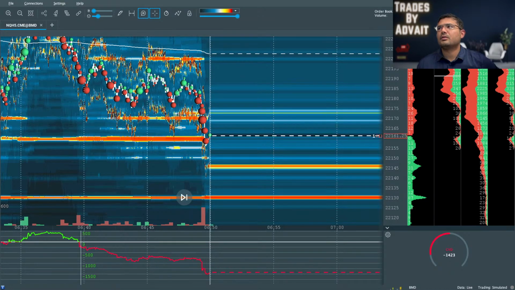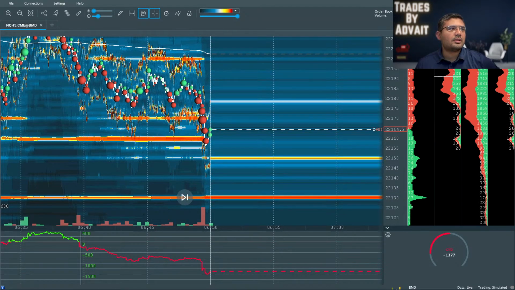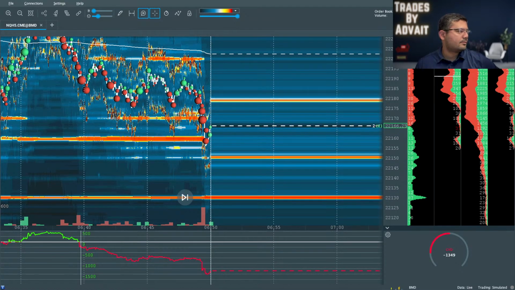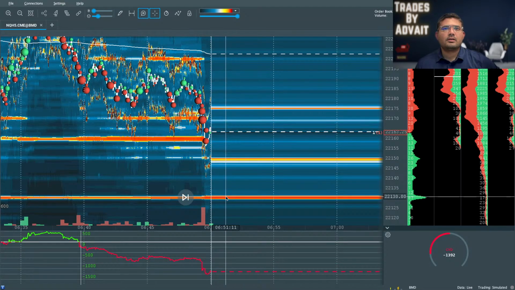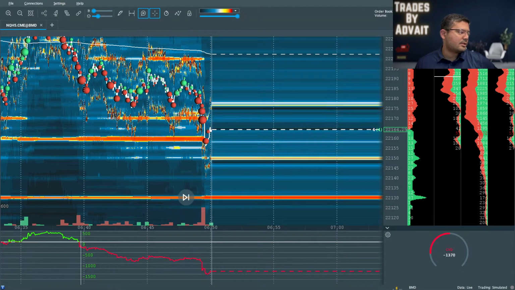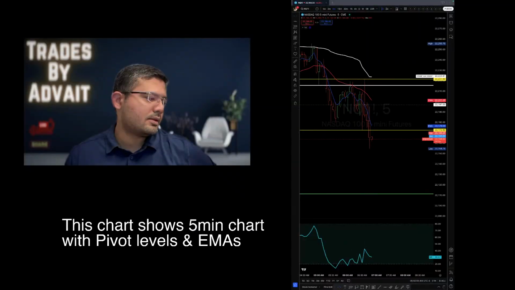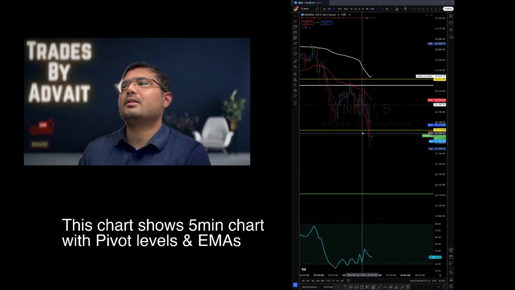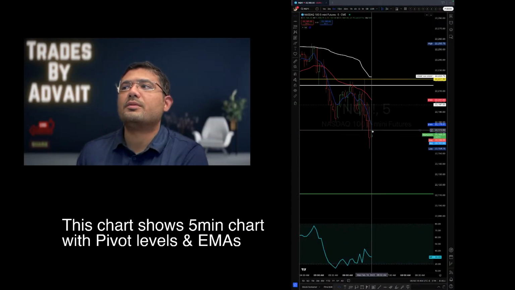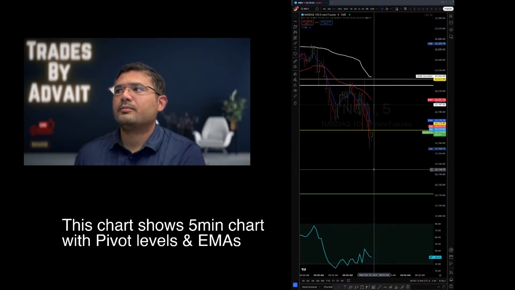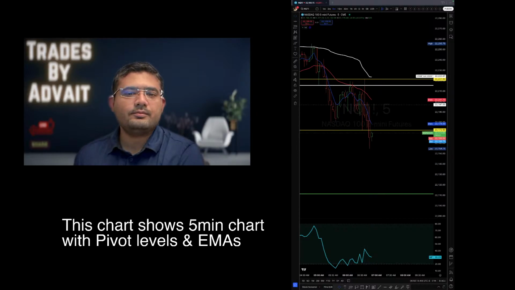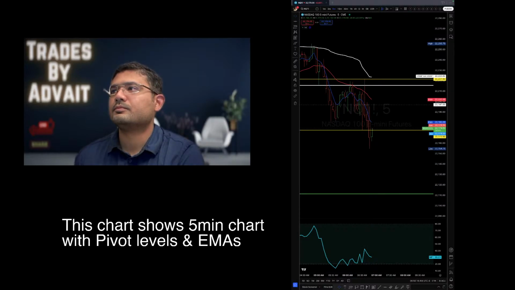Nice breakout over there. So as you can see now, over here we just broke down below the 15-minute range. And now we are trying to reclaim it.